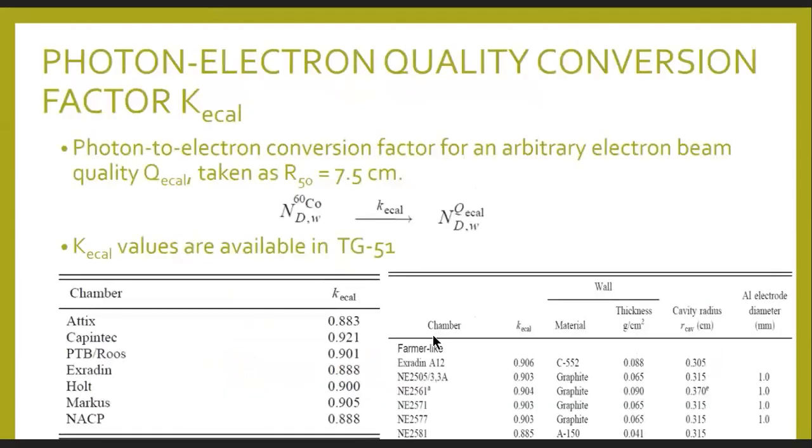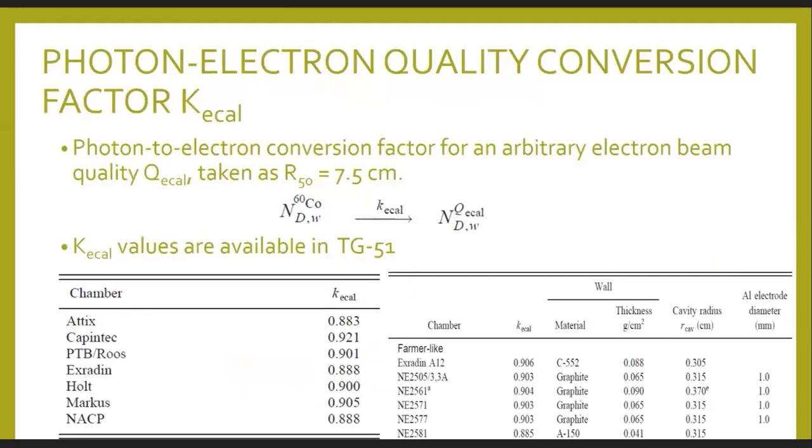So let's take the Ka cal. Ka cal is called the photon electron conversion factor. TG51 wants to remind us that the calibration factor that we're using in our reference dosimetry is calculated based on irradiating the chamber in a cobalt 60 beam, a photon beam, which is different from an electron beam in terms of beam type and energies.